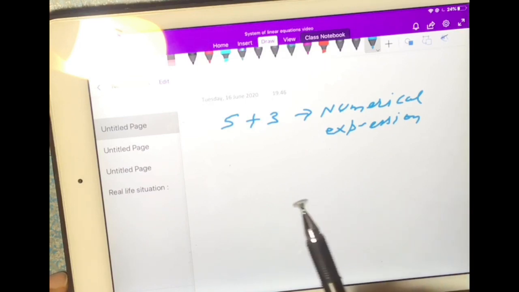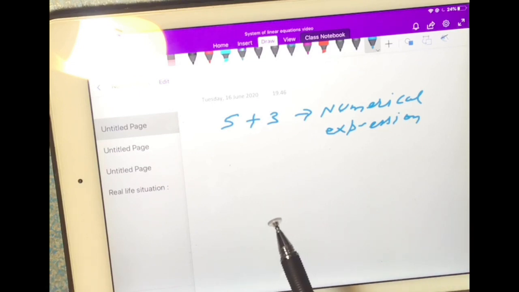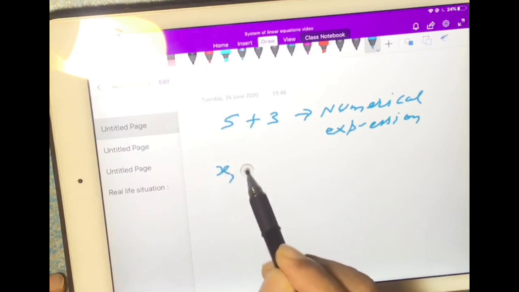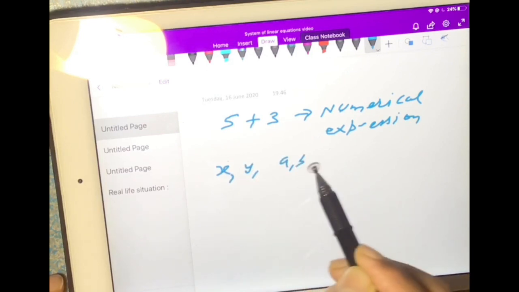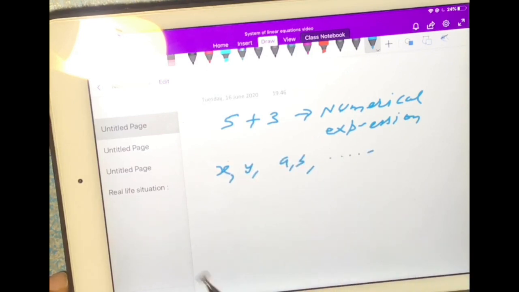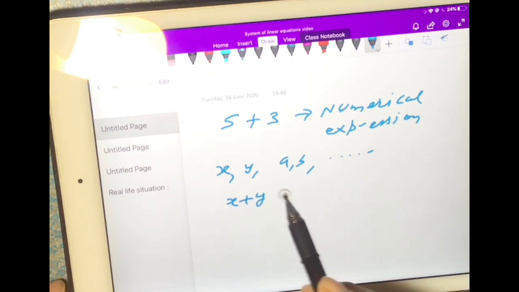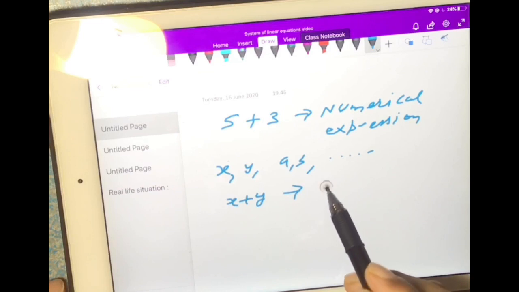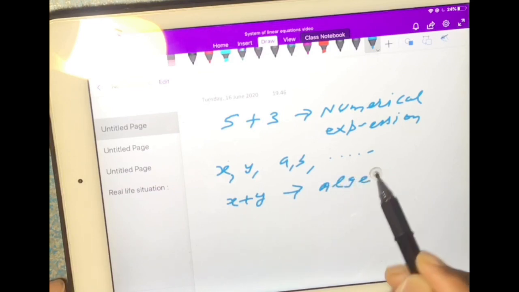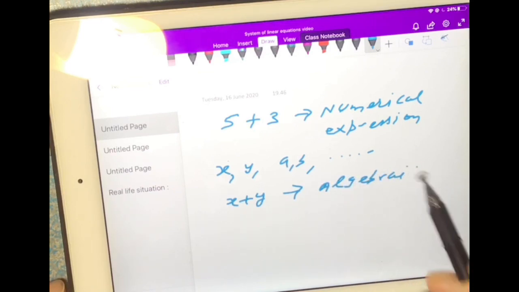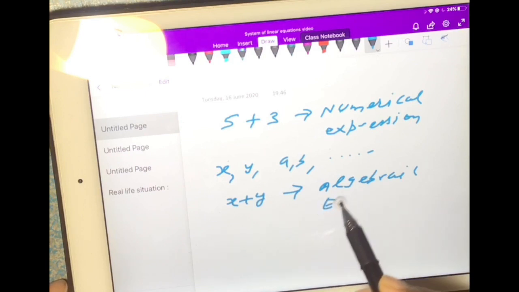So I denote those unknowns with symbols like x, y, a, b, etc. Now I say that the student has x plus y erasers and pencils in the bag. That is known as an algebraic expression. Here, in place of numbers, we are using symbols.